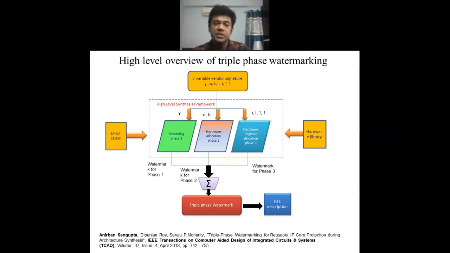The second 2 digits, alpha and beta, are implanted at the hardware allocation phase, which generates the watermark for phase 2. And the 4 variables small i, capital I, T, and exclamation are embedded at the register allocation phase, for phase 3. These 3 combined produce a triple phase watermark, and they then get embedded into the RTL description of the hardware design.